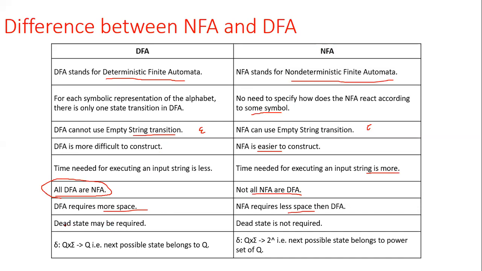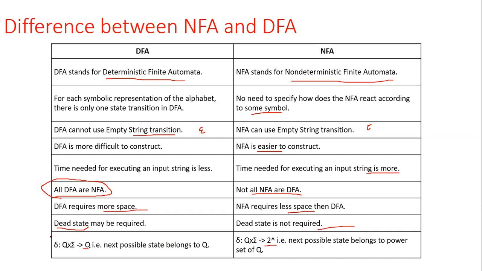Here there may be dead states. They may be used for some problems, but in a DFA there is no need to mention dead states. The main difference we already know from the definition itself, that is the transition function. Here the transition function is 2 power Q, but here Q only.